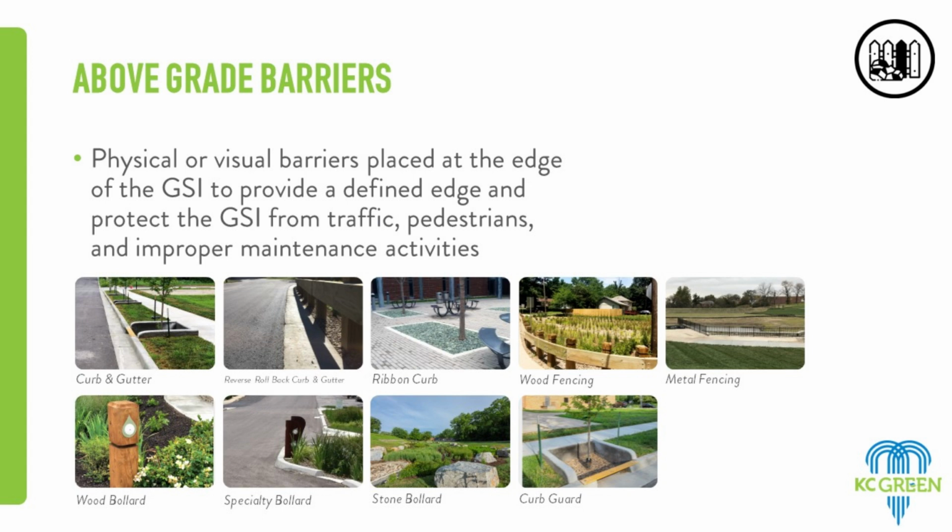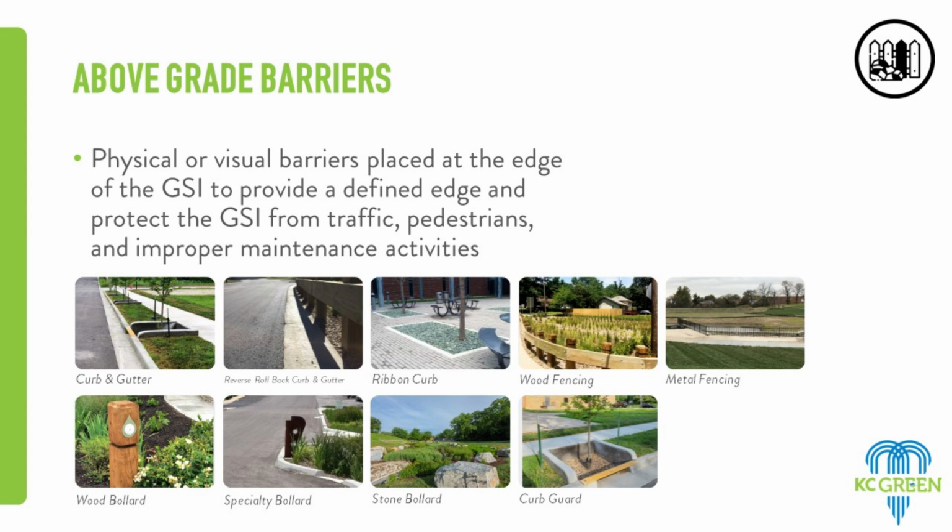But basically it's something that says this is specifically meant to be a native stormwater facility. And that will control the public from getting in there. It will also help you on a maintenance side of knowing where you should kind of control that maintenance. It'll give you a line, is the idea.